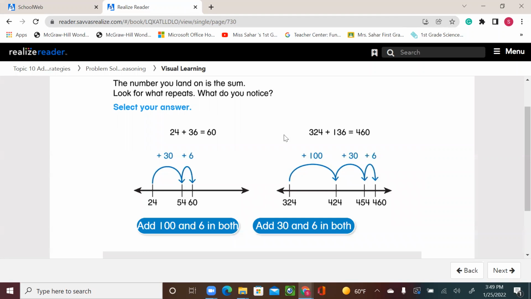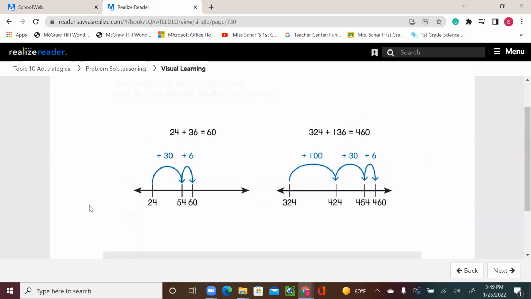Here I don't have 100. Here we have 100. So do we add 106 in both or add 30 and 6 in both? Okay, so we use repeating. In both additions, you add 30 and 6.